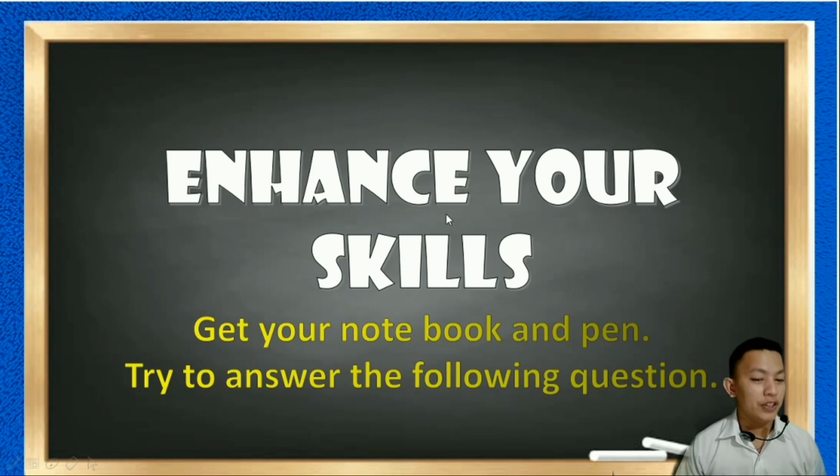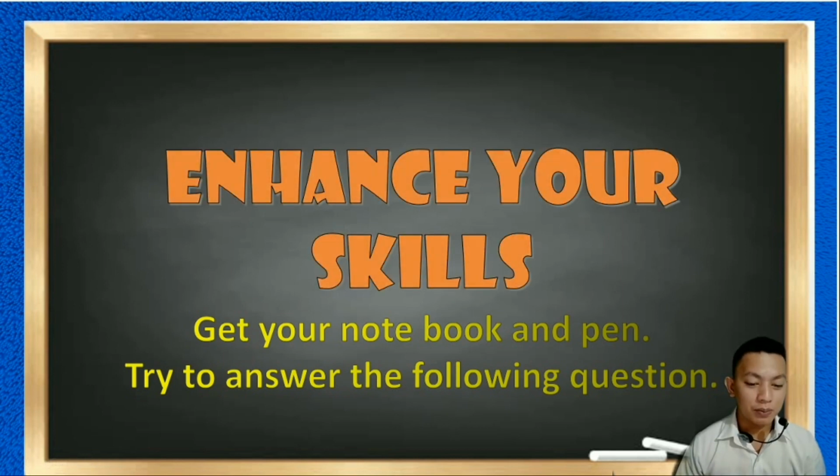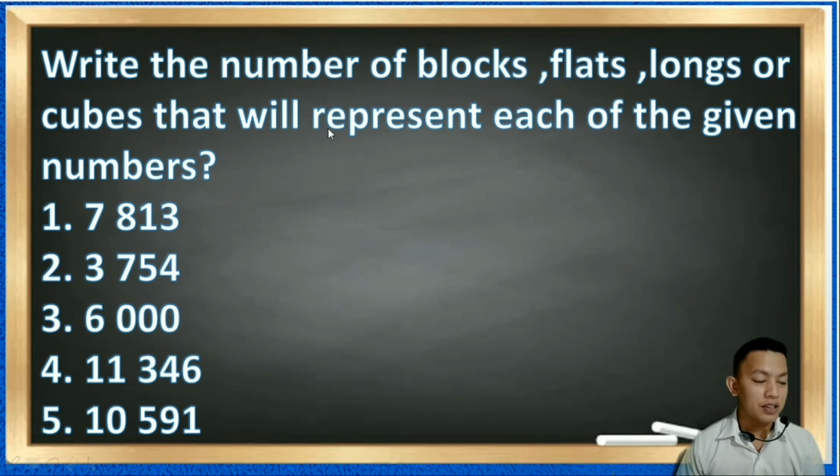Let's proceed to enhance your skills. Get your notebook and pen. Try to answer the following questions. So direction. Write the number of blocks, flats, longs, or cube that will represent each of the given numbers. Number 1, 7,813.